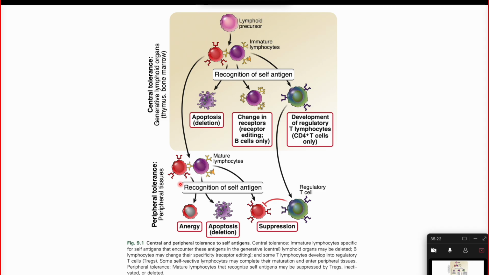If the receptor is not at all sensitive, then the receptor is not good enough and the cell will enter anergy, where the cell is not recognizing any antigen. And if the cell is recognizing the self antigen moderately, it will be allowed to stay and will further be selected for proliferation.